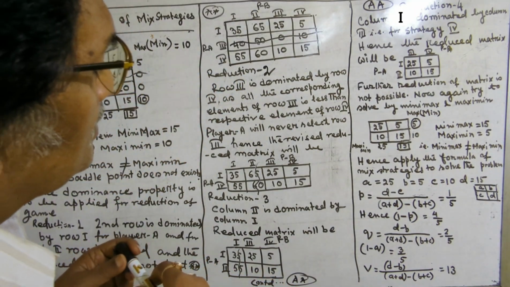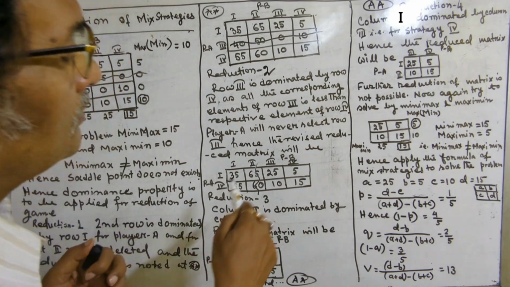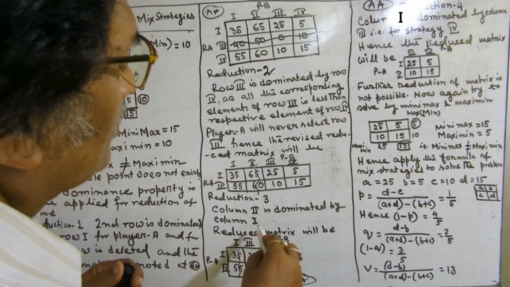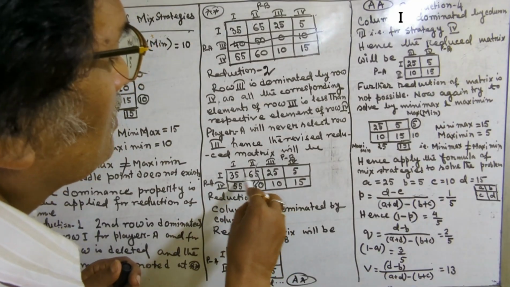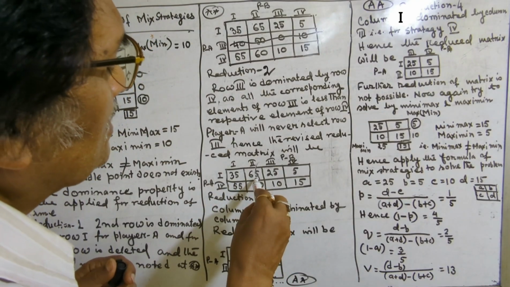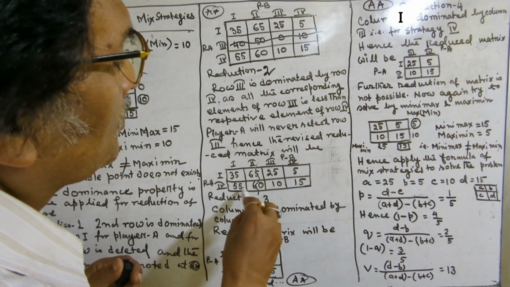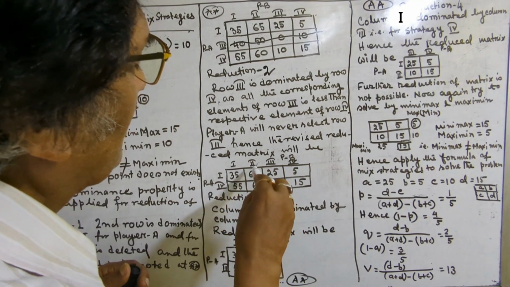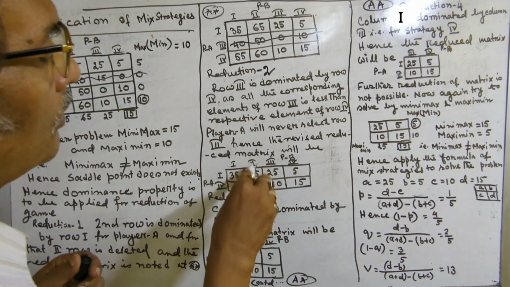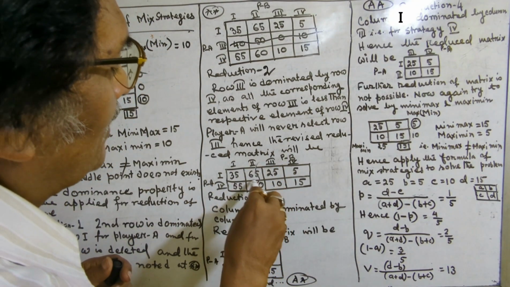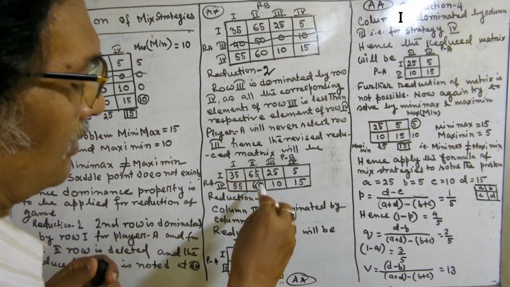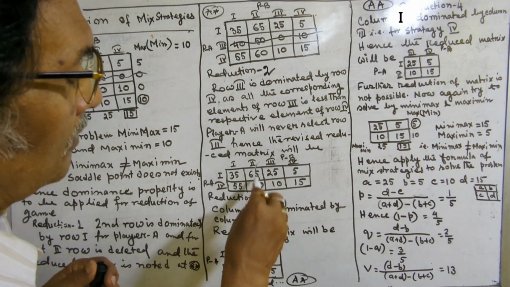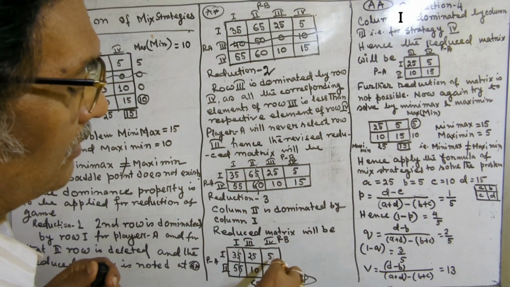Now again you can check that column 2 is dominated by column 1, because 65 is more than 35 and 60 is more than 60. That's why you can say player B will never apply column 2, because the value is higher, which is in favor of A. The reduced matrix will be 35, 55 and after deleting, 25, 10, 5, 15.